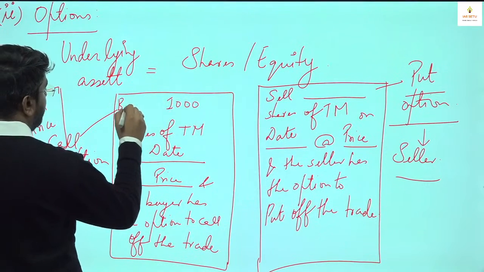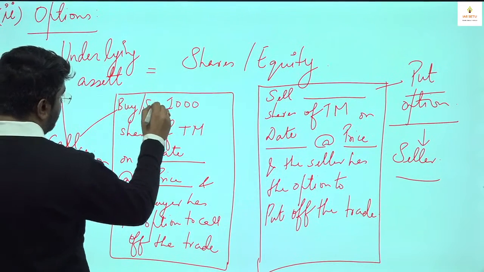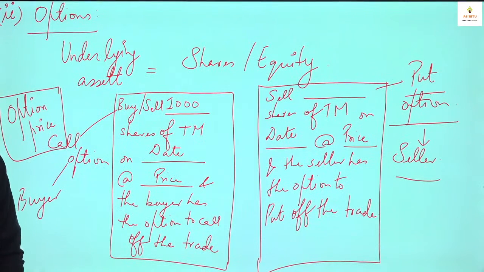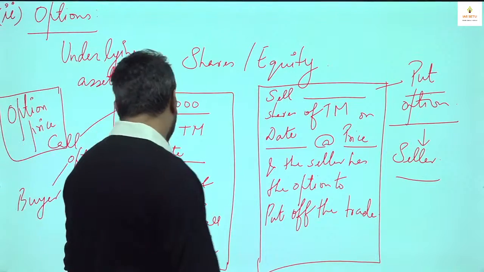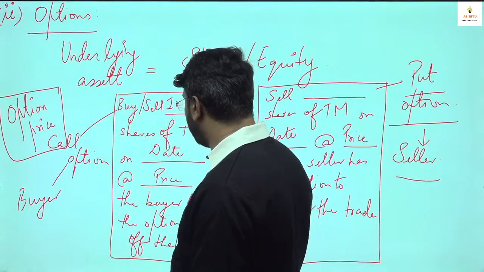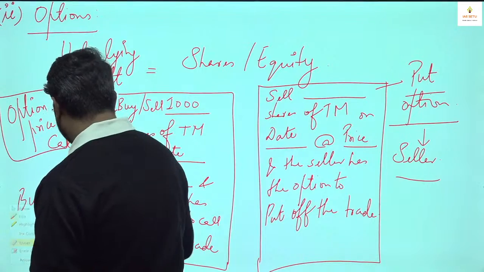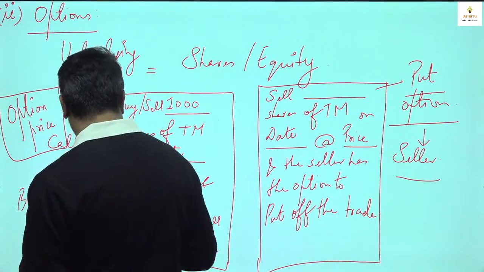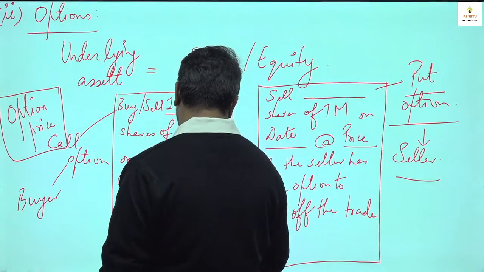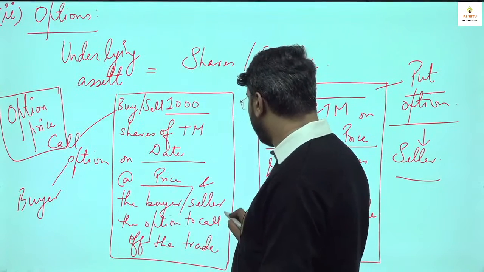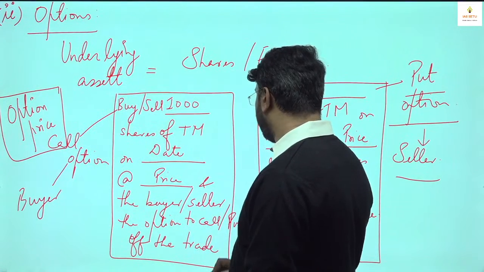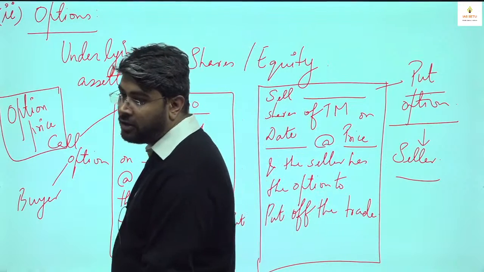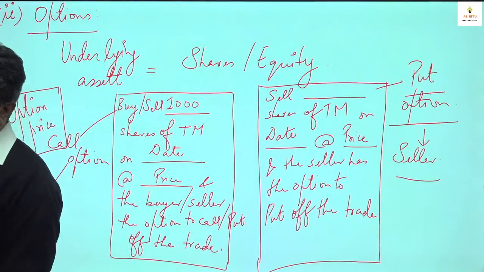I can write down buy slash sell 1,000 shares of Tata Motors on this date at this price, and instead of this I can write down buyer slash seller has the option to call or put off the deal, put off the trade, right? So I can have an option in which both the things exist, right?